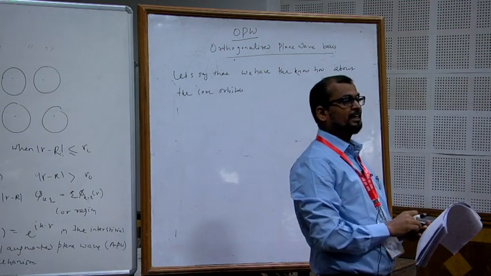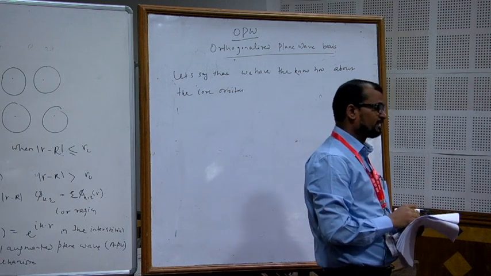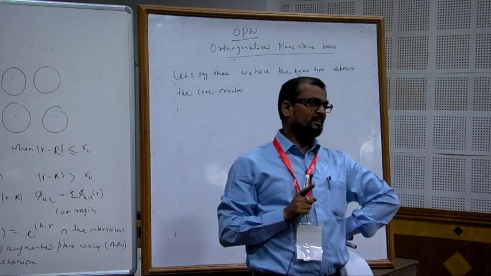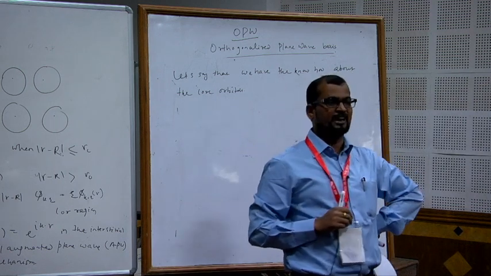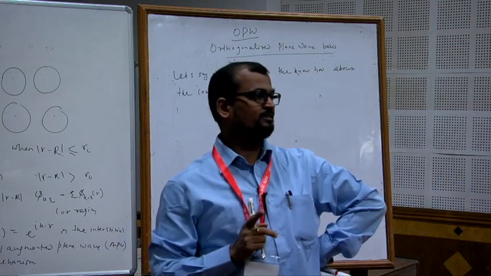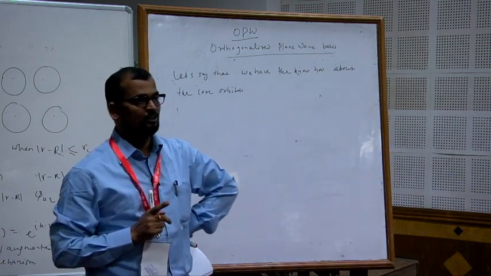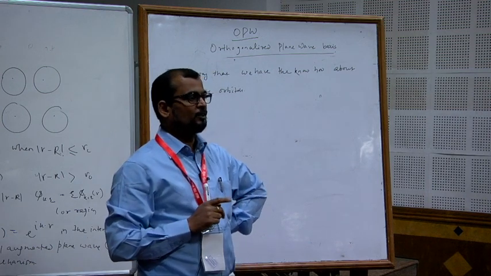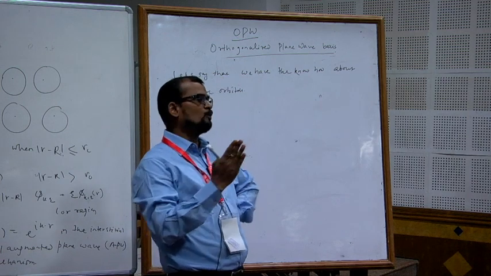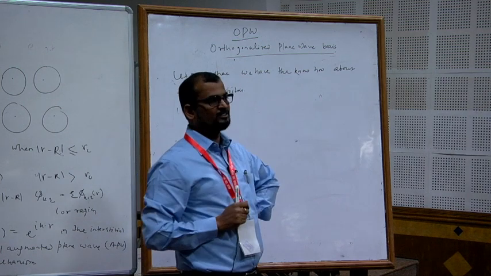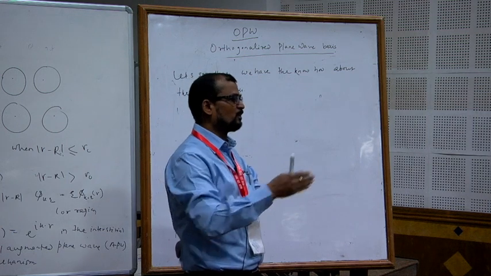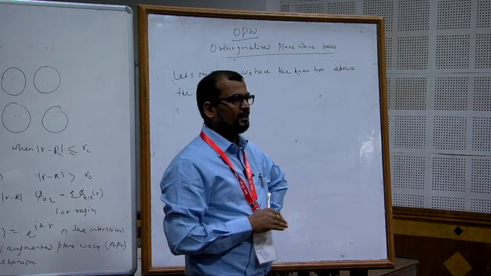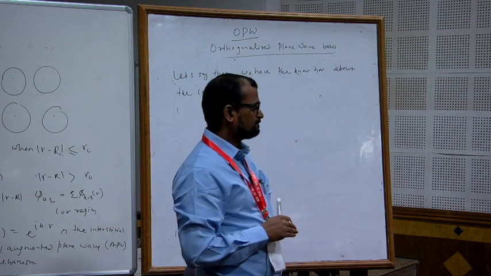If you recall the functions that I plotted a few minutes back, I plotted for 1s, for the example that I gave, then 2s, 3p, 3s, 4s, 4p, not 4p, 3d. What I noticed there was that my 1s is very, very localized. It has no presence in principle outside a cutoff radius R_C, which you conveniently choose. So also 2s and 2p.